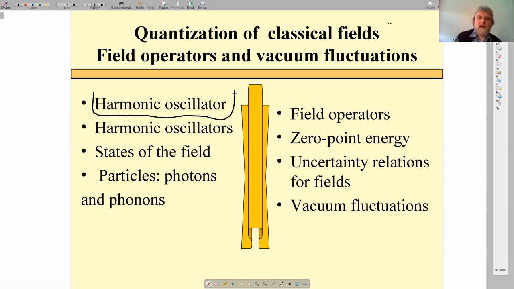Then, since we know that any field is a big set of oscillators, we will repeat this procedure for many independent oscillators. We will talk about states of the fields.